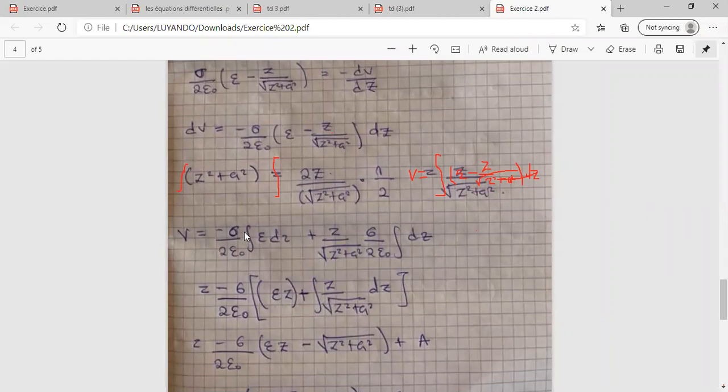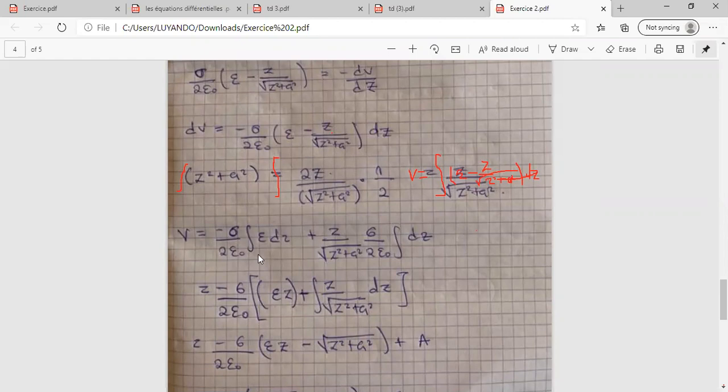So I'm going to have the constant multiplied by the integration of e dz, where e is negative 1 or 1, plus what I have here with respect to dz. So I'm going to have this plus this.